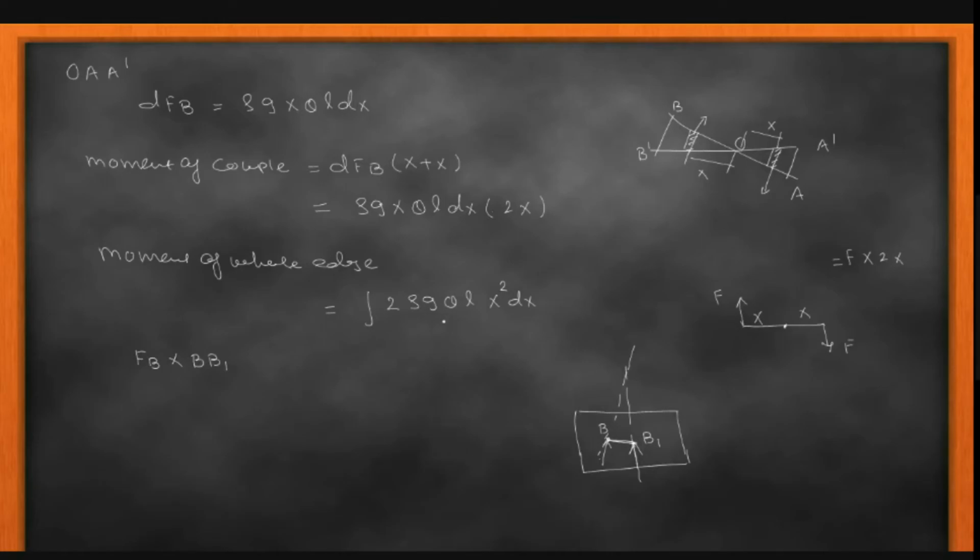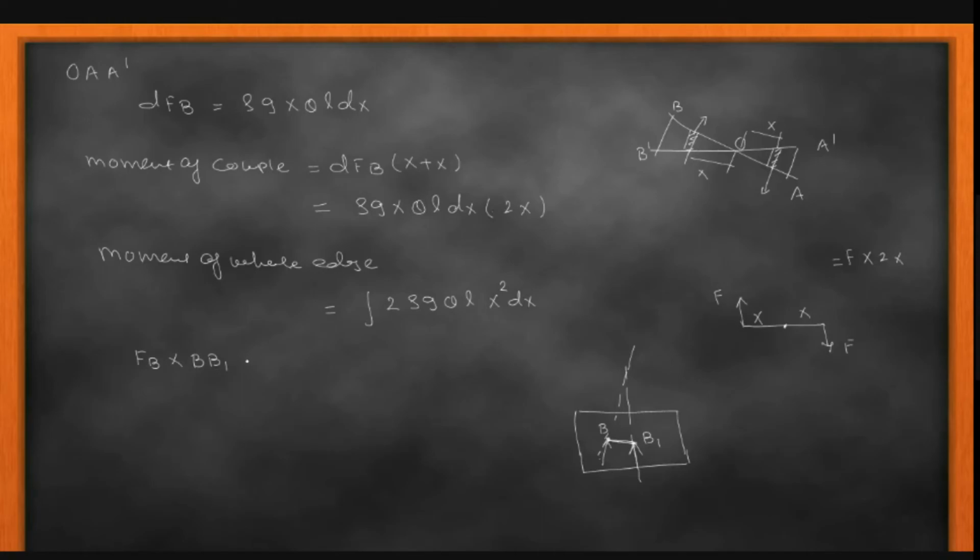The moment of this displacement is caused due to the moment in the center of buoyancy, meaning the couple generated which rotates this object in the anti-clockwise direction is generated because the center of buoyancy has moved from B1 to B. So it is balanced by this moment, FB into BB1.